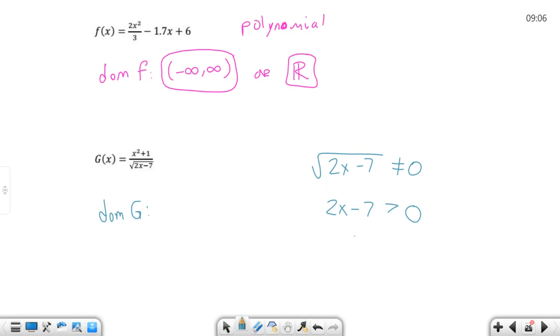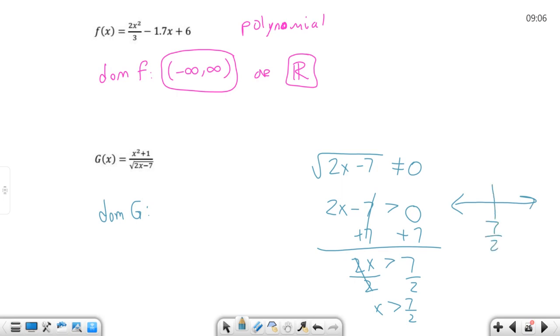So now you go to solve this. We're going to add 7 to both sides. We get 2x is greater than 7. Divide both sides by 2, and x is greater than 7 halves. So then on my interval notation, or on my number line, I have 7 halves, and it's going to be out here to the right. That's infinity. And we have a parenthesis this time, okay?